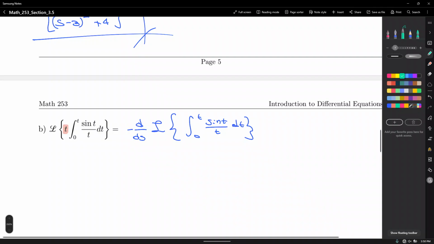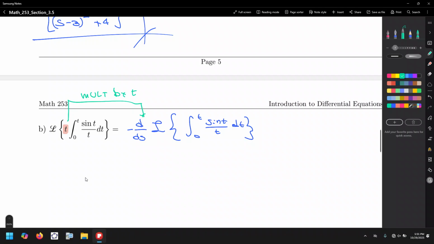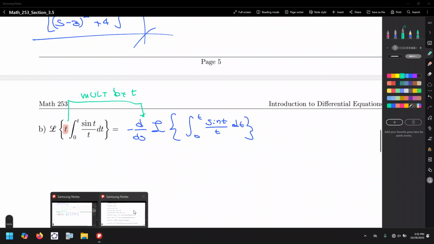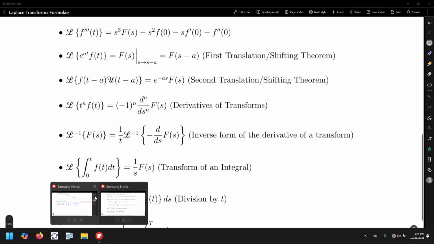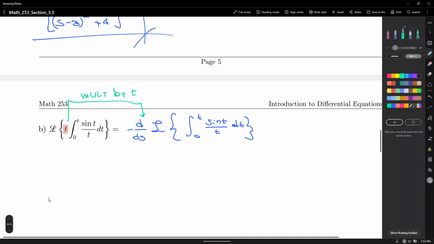Because multiplication by t, on the formula sheet, that's the derivative of a transform. I should have numbered them again. So what's next?